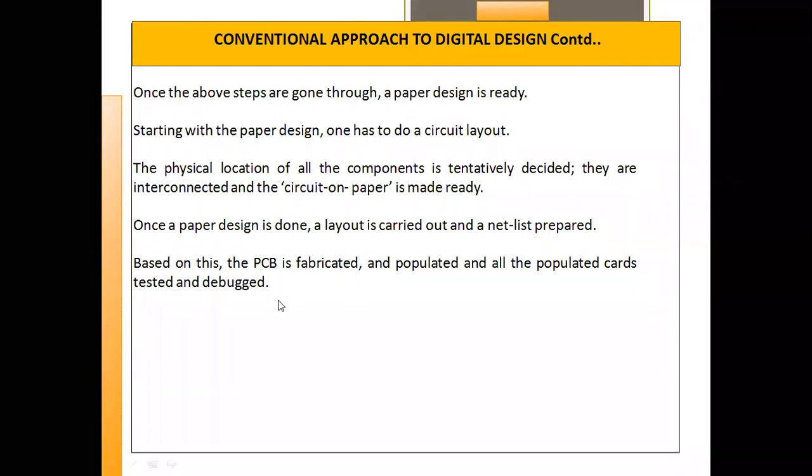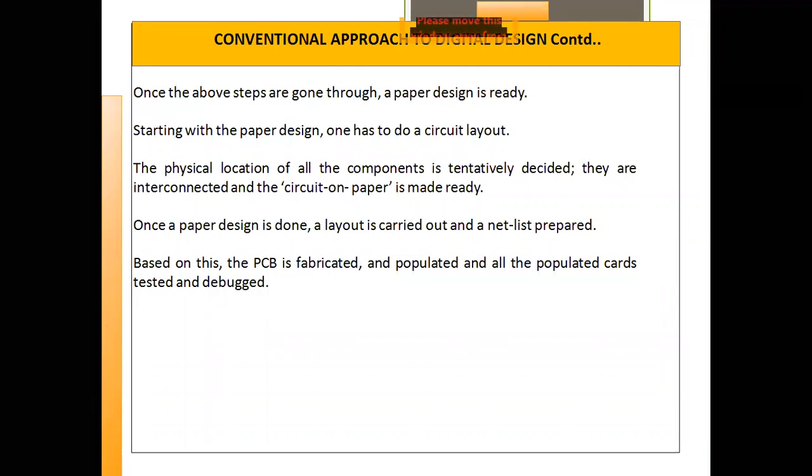Next, starting with the paper design, one has to do a circuit layout. We have to start at the paper design and go up to the circuit layout. And here we also have to see that the physical location of the components can be tentatively decided. Physical location plays a very important role in VLSI also. Why?